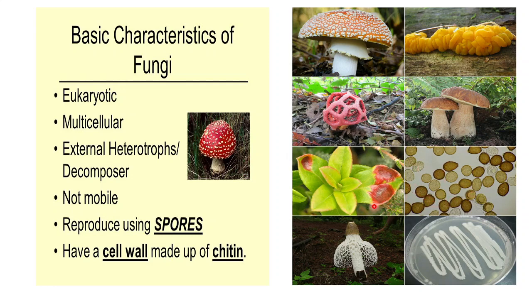Here, this is the parasitic form: these red patches that you see are the fungus growing upon the leaf, causing diseases. Then here, this is a petri dish. This is fungus that has been grown in the lab. In the lab also, we can make the fungus grow if we provide it a suitable medium.